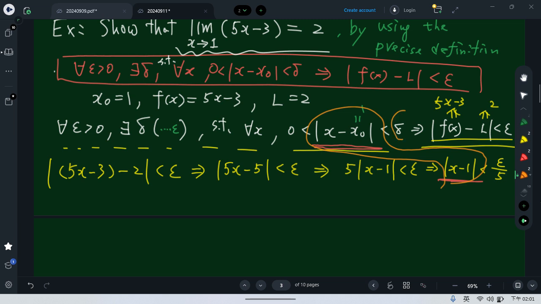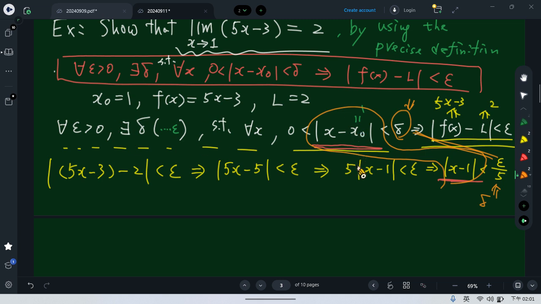Then here is the delta, right? So if we just match it, we set delta to be epsilon over 5. Then can we let this happen?